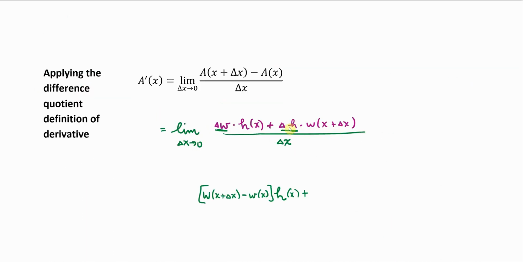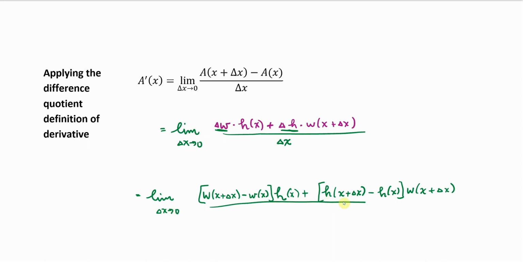So I'm going to swap out delta H here, H of x plus delta x minus H of x, all of this multiplied by the expression in purple. And don't forget, we're taking the limit of all of this as delta x approaches 0, and all of this is getting divided by delta x.